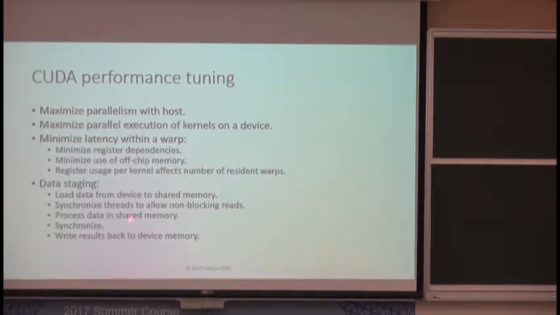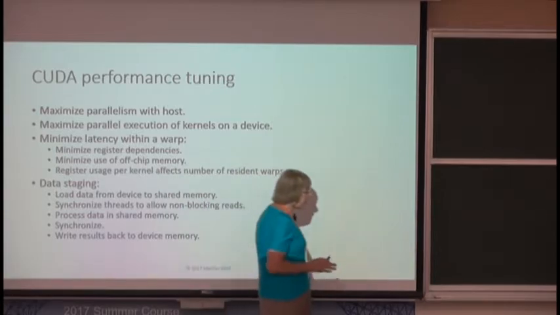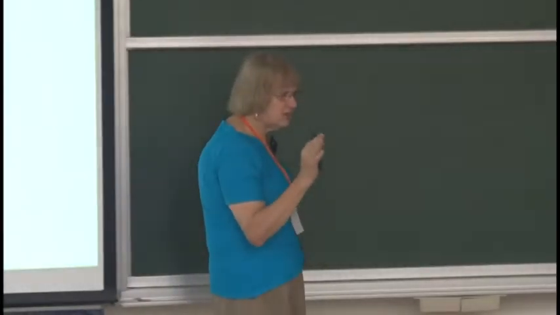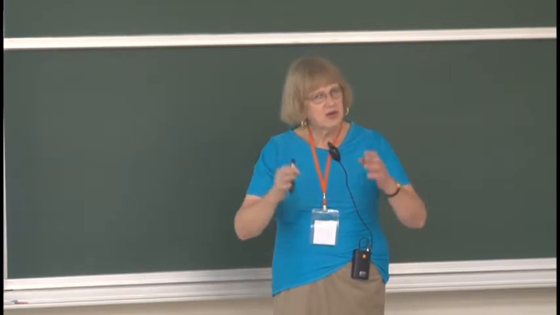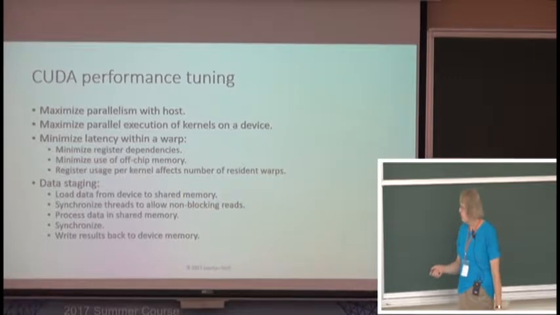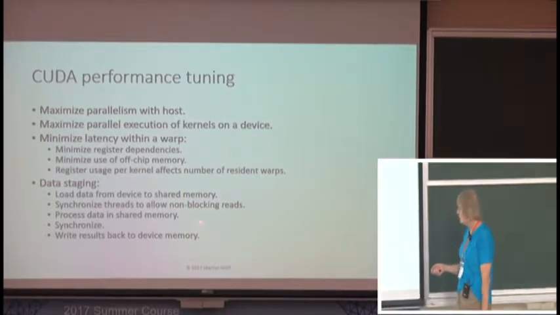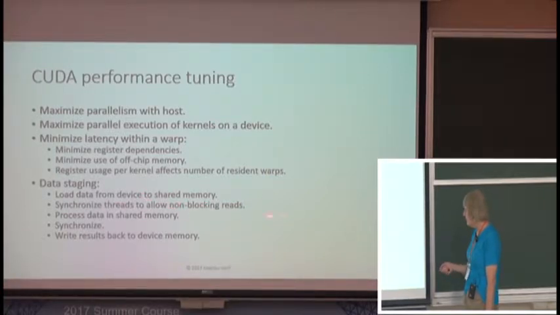So the memory hierarchy is very important in the GPU. And once again, you have to manage that much more explicitly than you do in a CPU. Okay, we all know that writing things for caches and so forth is important, but it's much more important in a GPU. Meaning to load data from your device into the shared memory. Right?